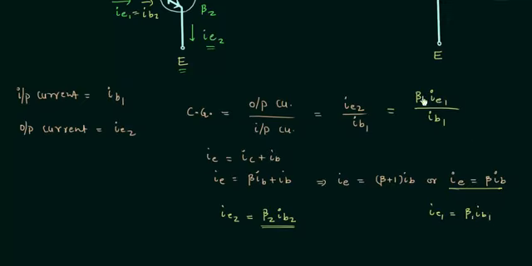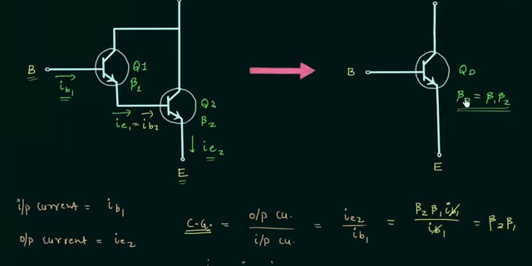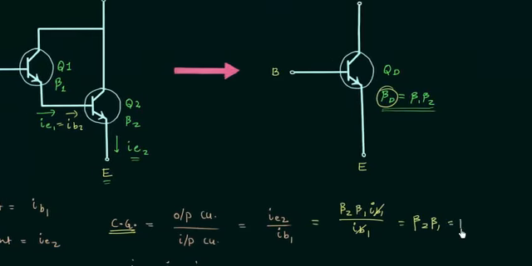So we have beta 2 times beta 1 IB1 divided by IB1. IB1 will cancel out, and the current gain is equal to beta 2 beta 1, and the current gain for the complete system is beta D. So beta D is equal to beta 2 multiplied by beta 1.